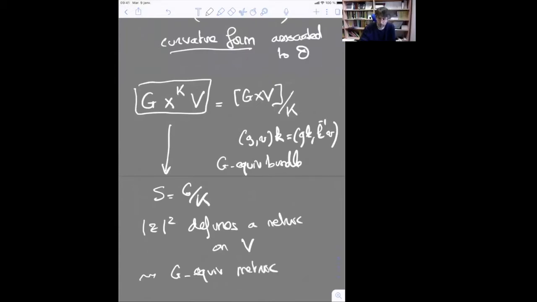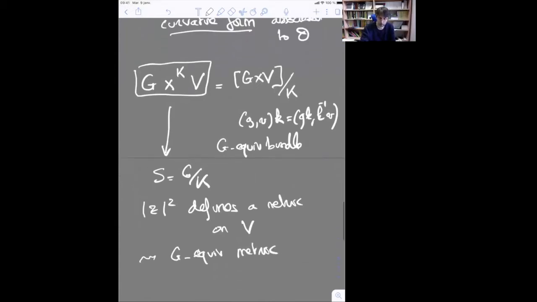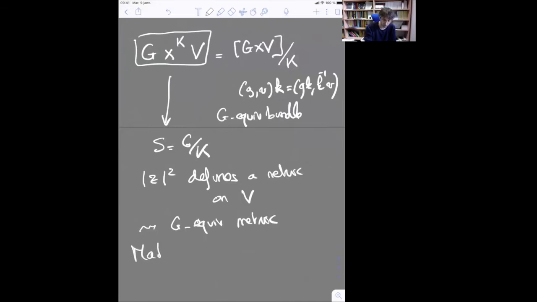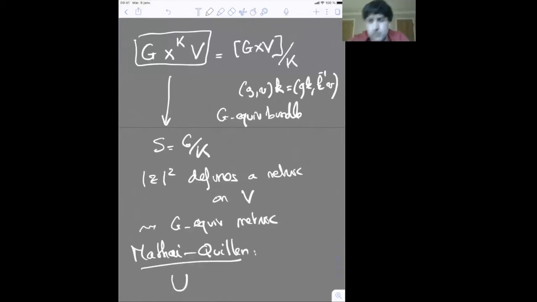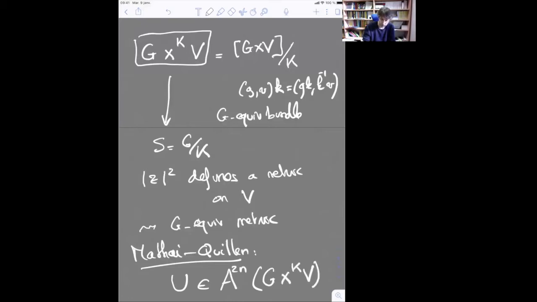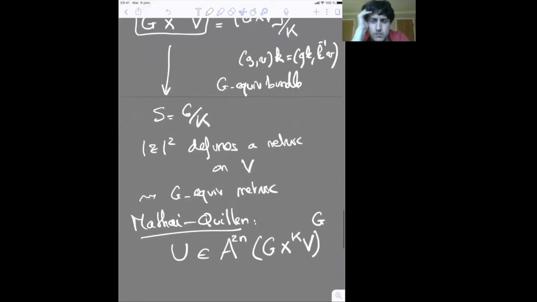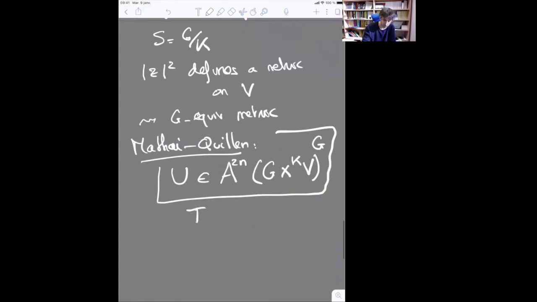And when you have such data, then Mathai-Quillen produces for you a form which is a differential form representative of the Thom form associated to this bundle. So it's a Thom form, and I will describe it by giving the formula.